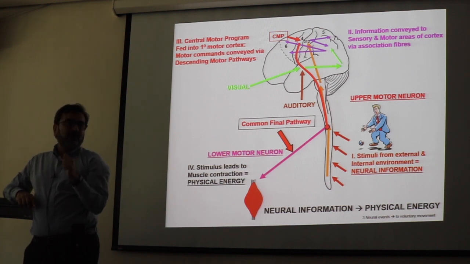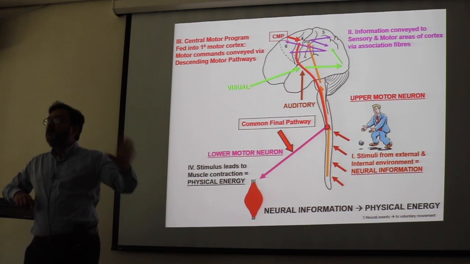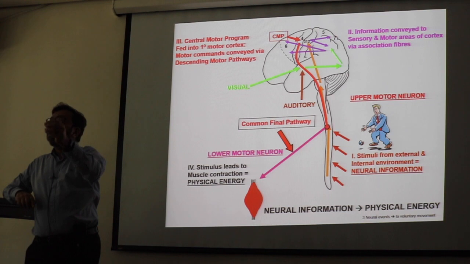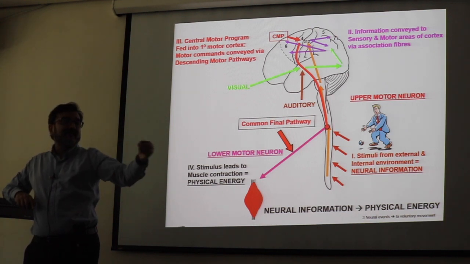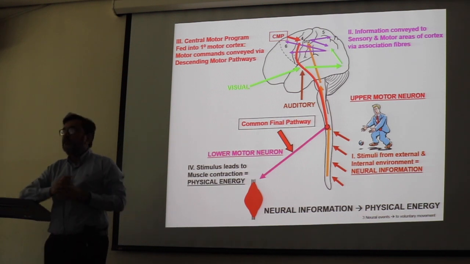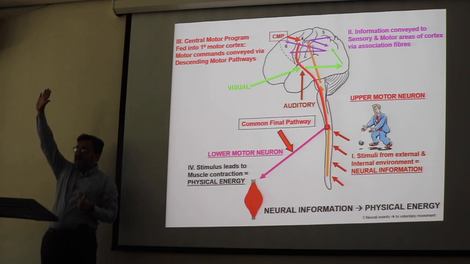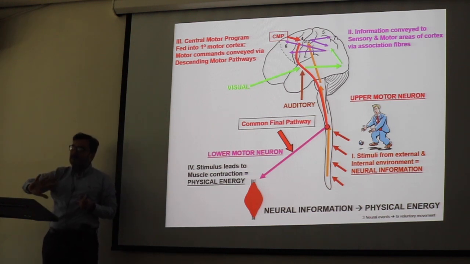There is also a lower motor neuron. The lower motor neuron is either present in the anterior gray horn cells and coming out as the spinal nerve supplying the muscle, or in the brainstem it is the motor cranial nerve nucleus, which is coming out as the cranial nerve and supplying the muscles of head and neck. Okay? So you would always have an upper motor neuron and a lower motor neuron.